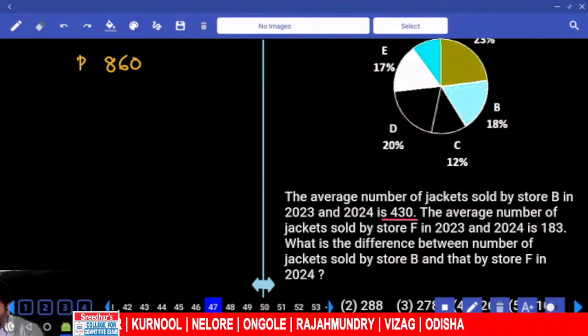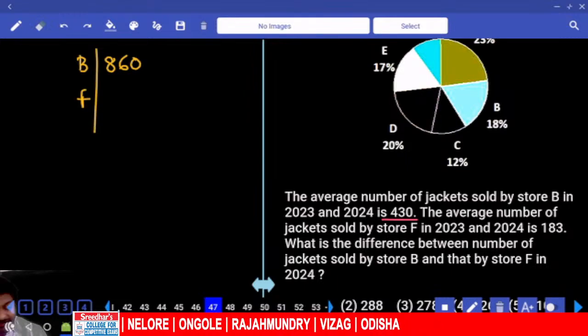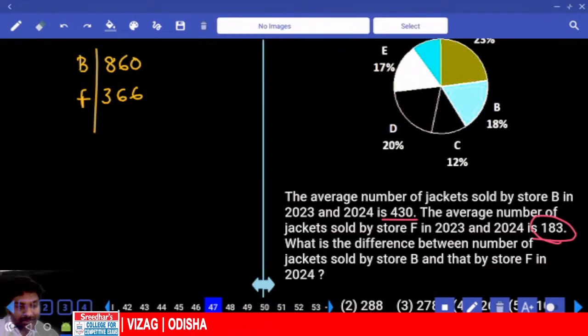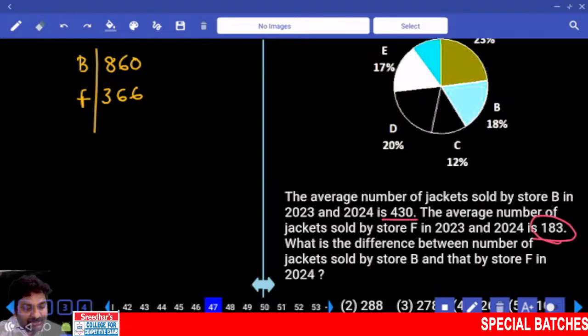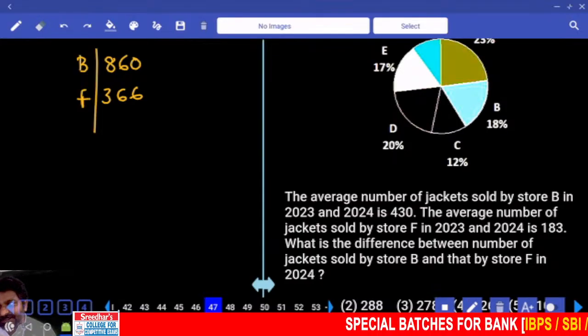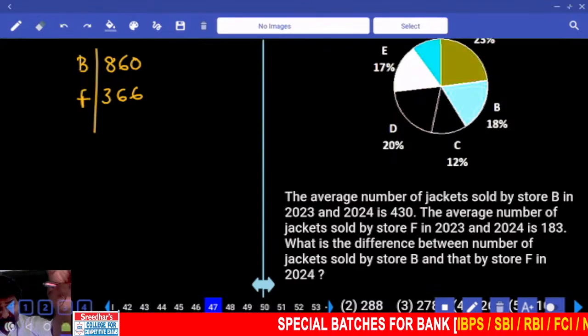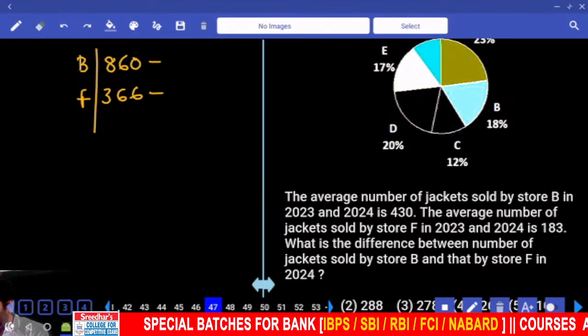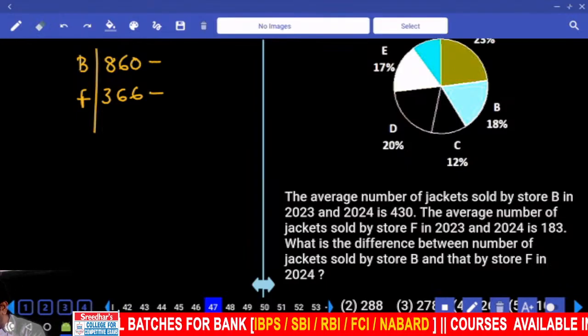Earlier one is for B, now it is for F. Average for 2 years 183, sum 366. What is the difference between number of jackets sold by B and that by store F in 2024? So given data 860, 366, they are for 2 years, and from that if you subtract 2023 data, we will get 2024 data. Am I right?